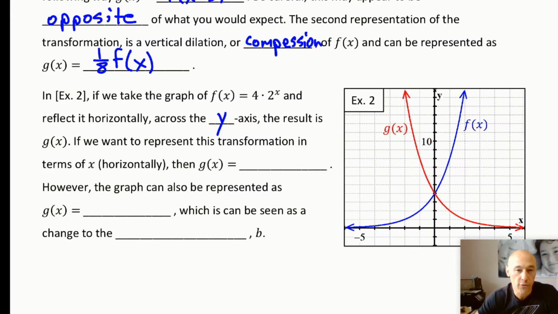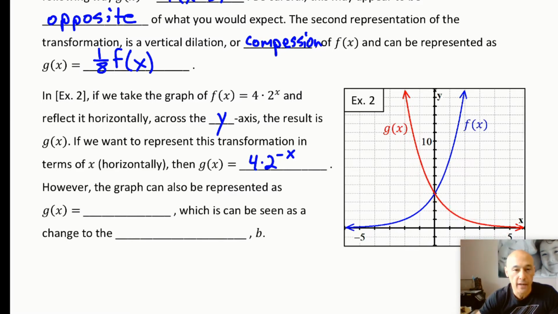If we want to represent this transformation in terms of x horizontally, so we want to think of this as a transformation in terms of x, then g of x is equal to 4 times 2 to the negative x. And you can try this on Desmos, and you'll see that if you have your original function f of x here, and then you make that x a negative x, then you'll get this function g of x.